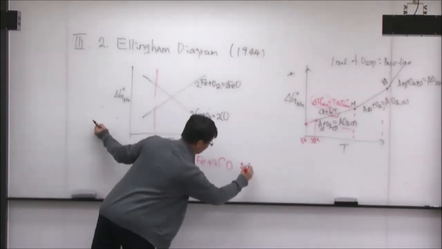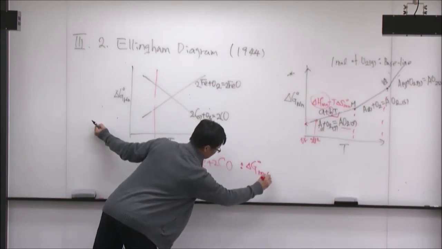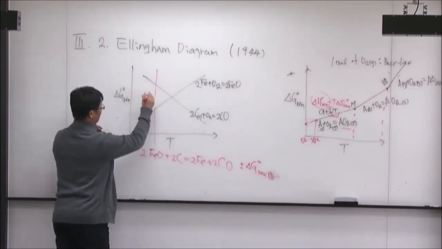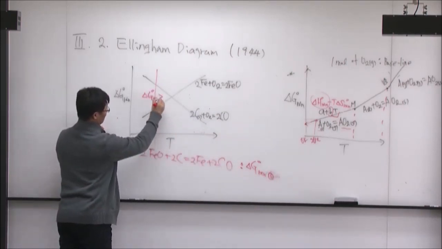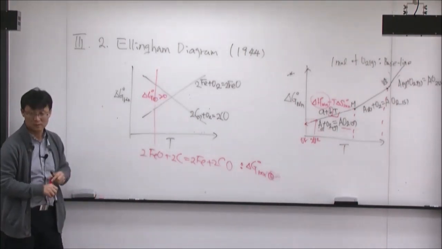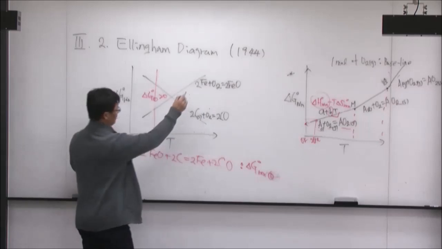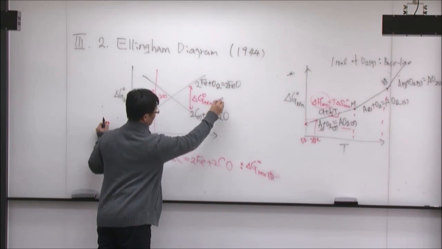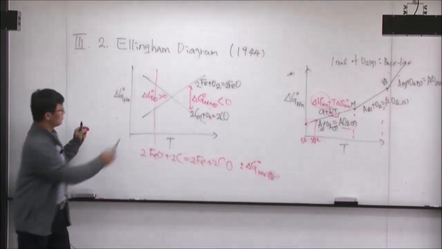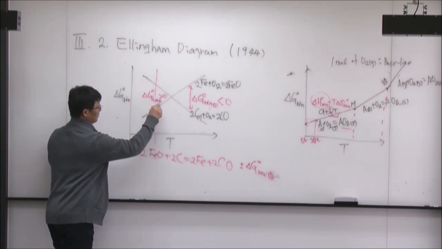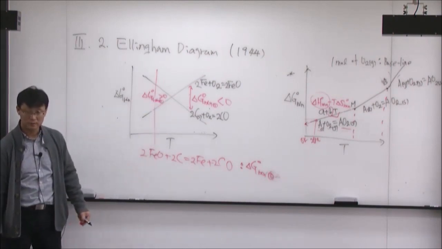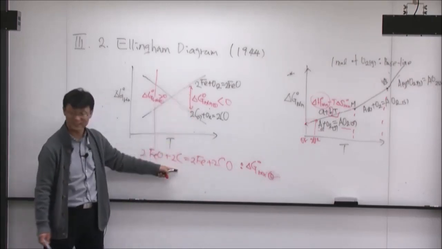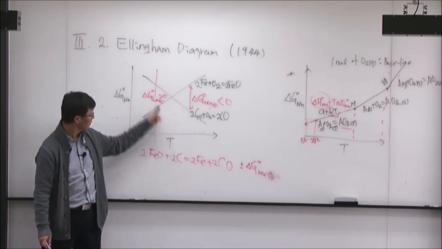Let's assume this is delta G of reaction for the Fe redox reaction 1. At this point, delta G of reaction 1 is positive, and on this side, negative. This minus this energy, that's delta G naught of reaction 1, so positive and negative.